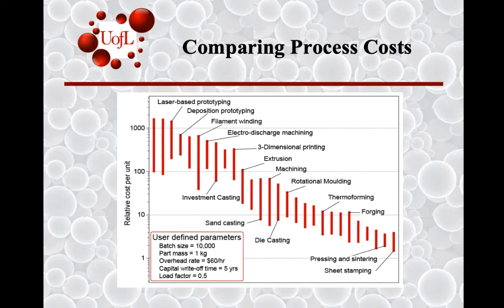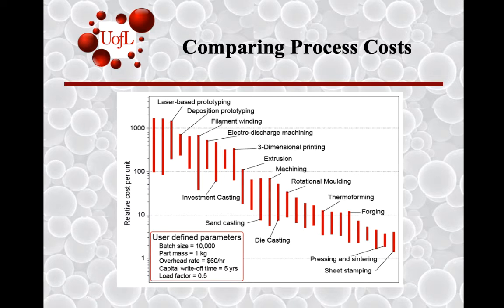Within the EduPack database, you can look at bar charts like we have seen in the case of material selection for various properties. Mainly, you can cross compare overall costs for a number of different process variables for a fixed set of parameters over here.